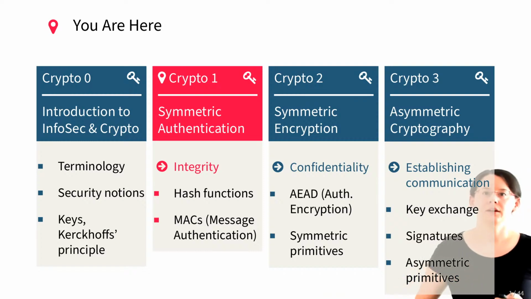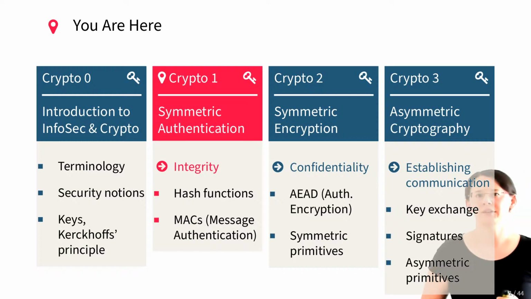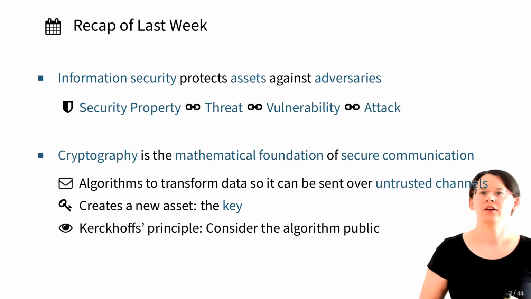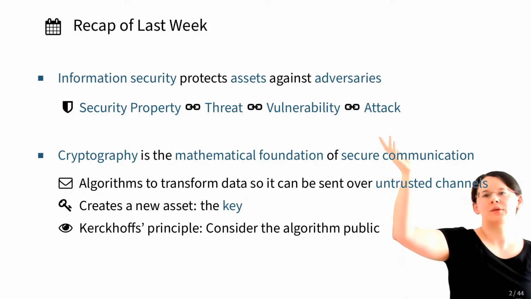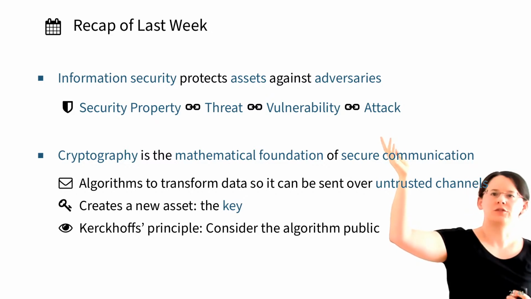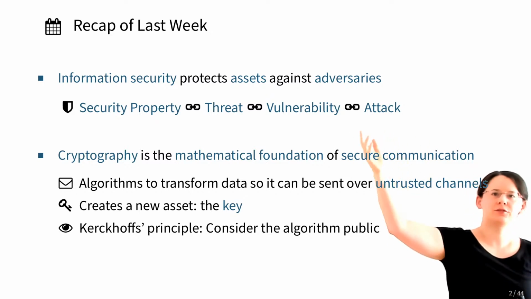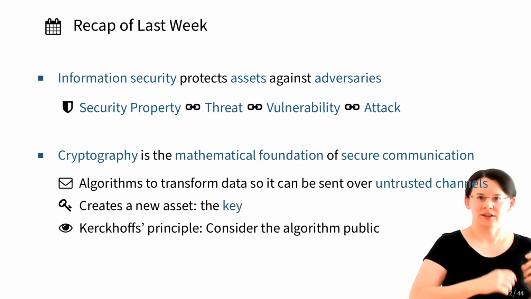And to make sure that we are all equally prepared for today's lecture, let's have a short recap. In the information security part, we talked mainly about 4 to 5 central words that describe the chain of things on the way from a product to an attack.